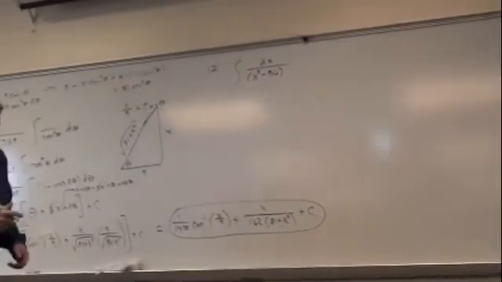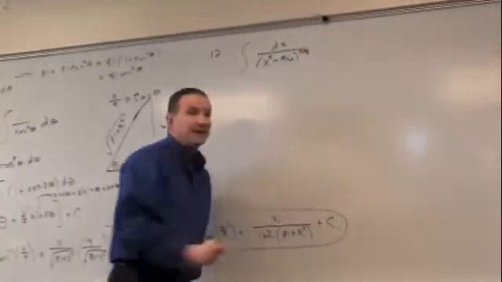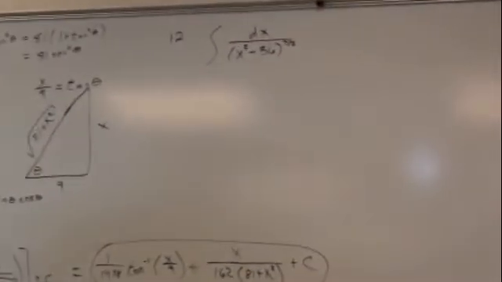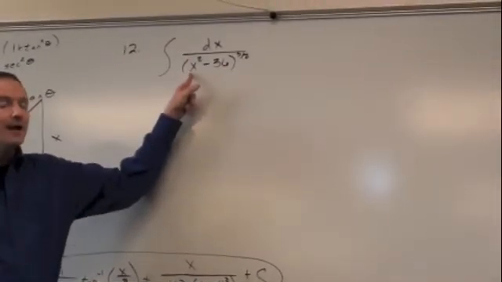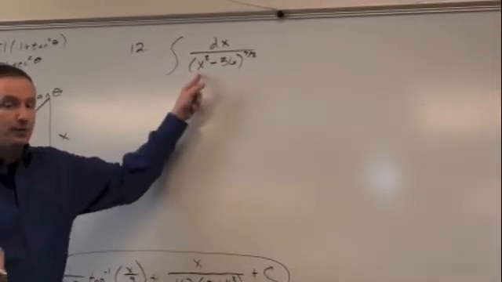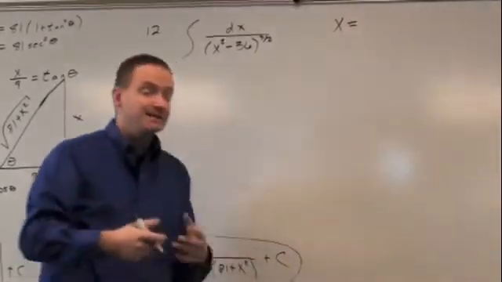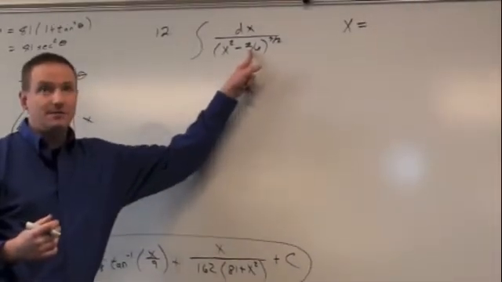To the 3 over 2 power. You're like, okay, so how do I work this problem? You just say it's a constant taken away from a variable. Every single time it's in that order, the substitution is going to let x equal a secant theta, where a squared is 36.